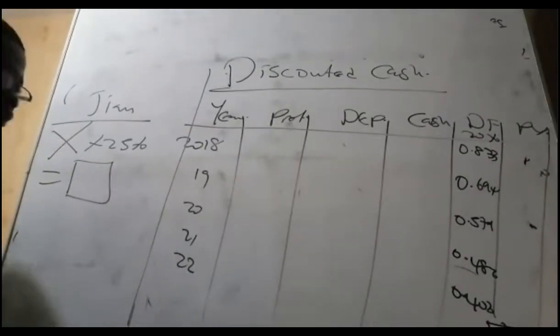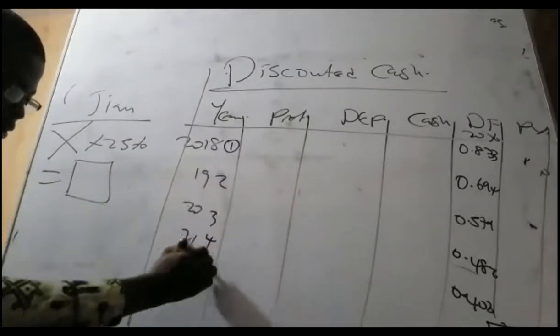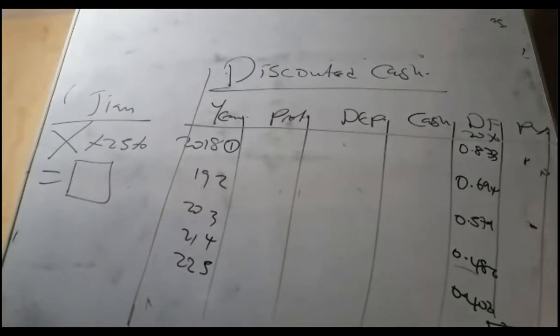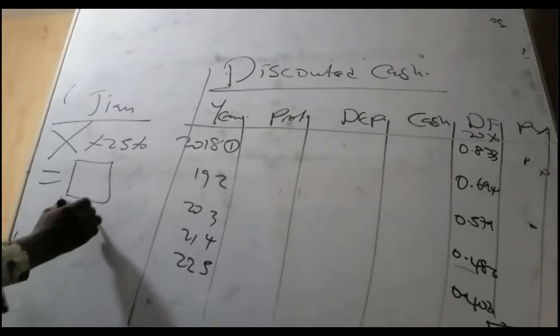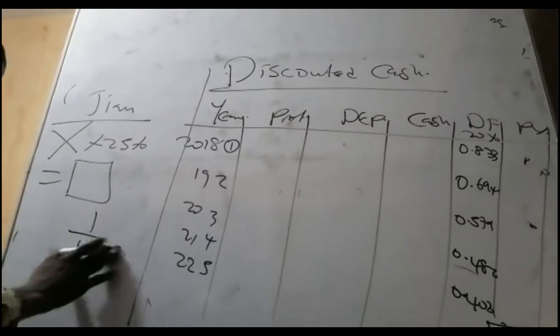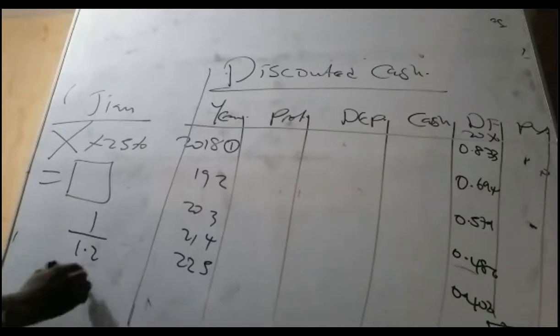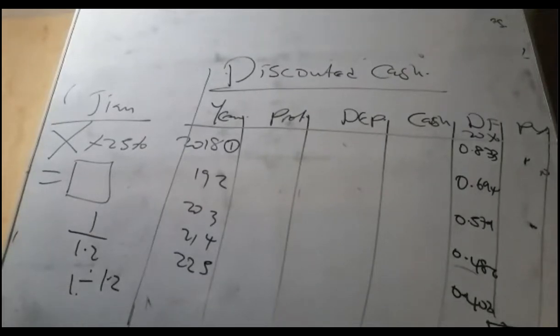In fact, the discount factors become year 1, year 2, year 3, year 4, year 5, in that order. So 20% as usual, using 1 over 1.2 to the power 1, 2, 3 in that order, or 1 divided by 1.2, then we press the answers like the same one. Okay, so that is how I arrive at the discount factor.